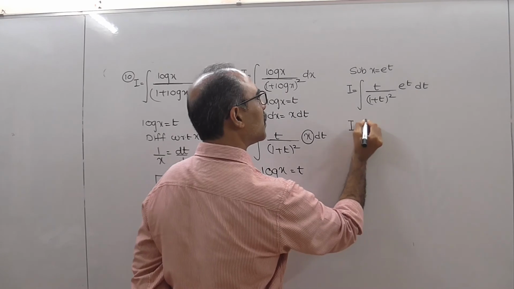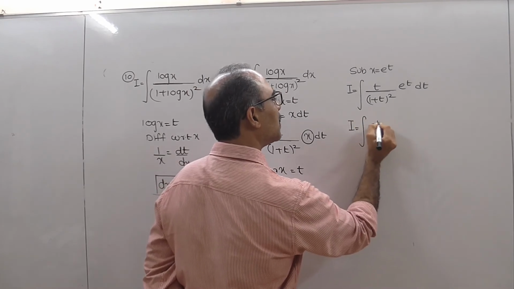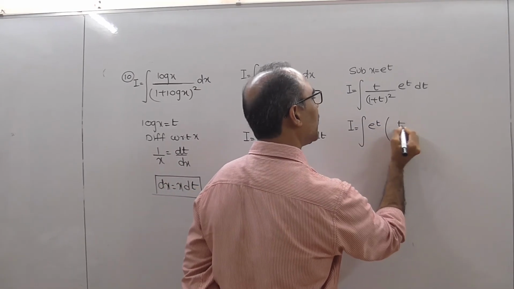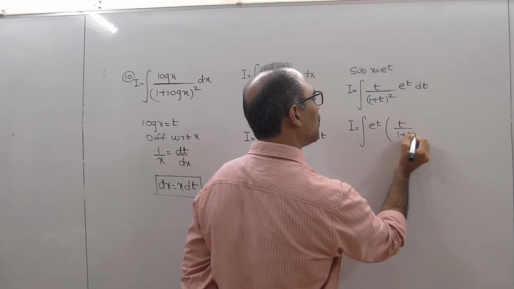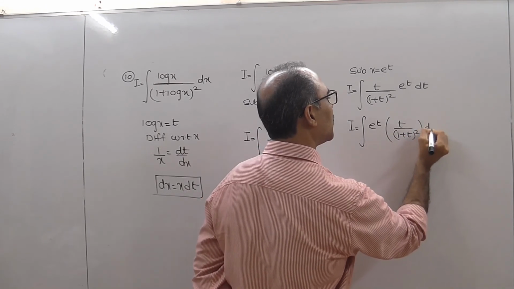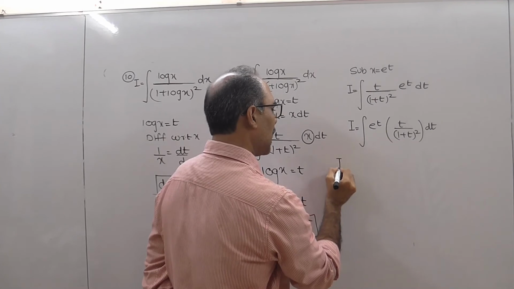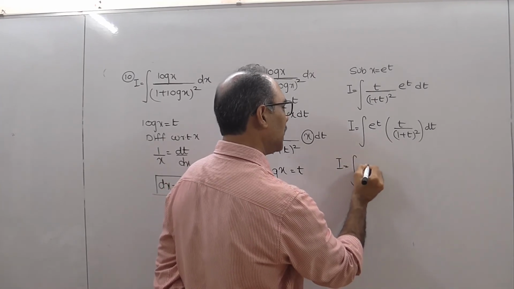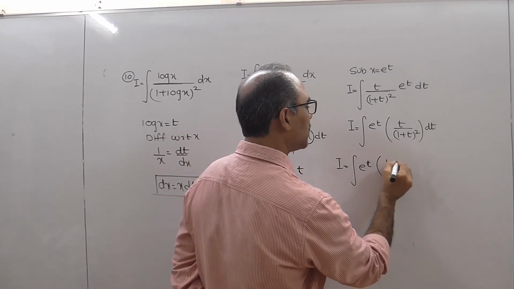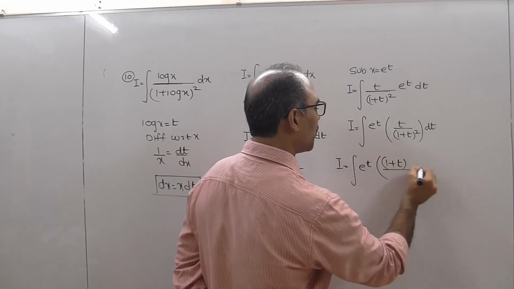So I equal to integration of e raised to t followed by t upon 1 plus t the whole square dt. So I equal to e raised to t. Whatever is in the denominator, please copy in the numerator.